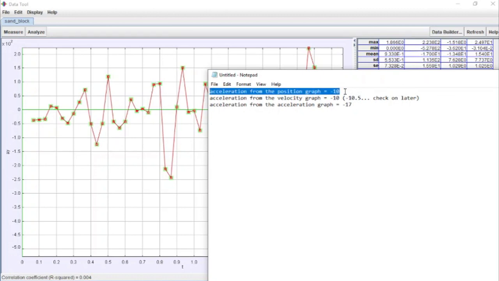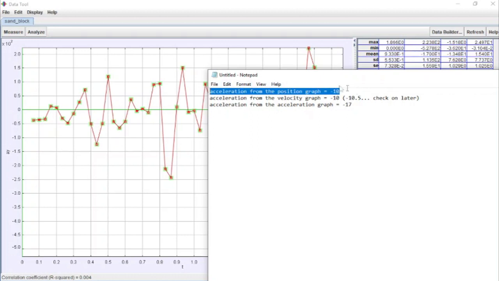You should still get an acceleration value from all 3 graphs because, number 1, you have that opportunity. You should go ahead and take it. Number 2, it's good practice. But number 3, it's good to see how those values compare and get an idea of how far off they are. But basically, we're probably gonna side with this value from the position graph.